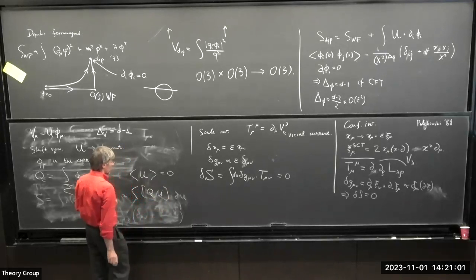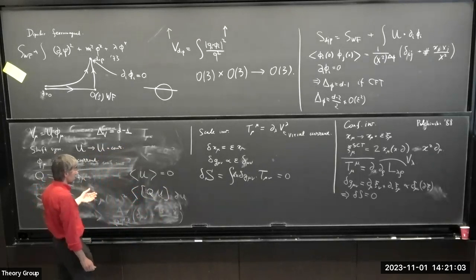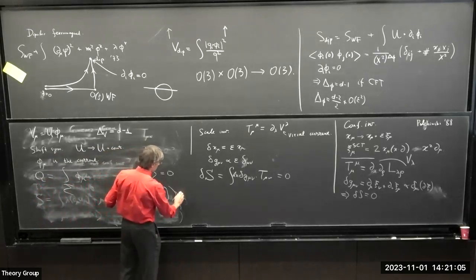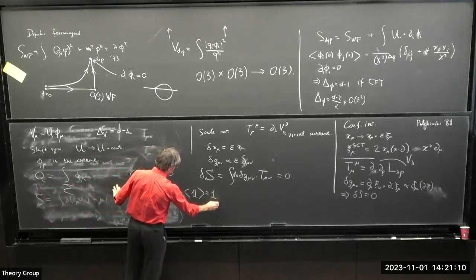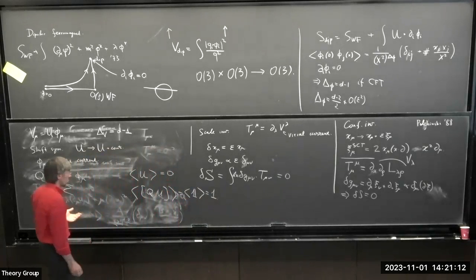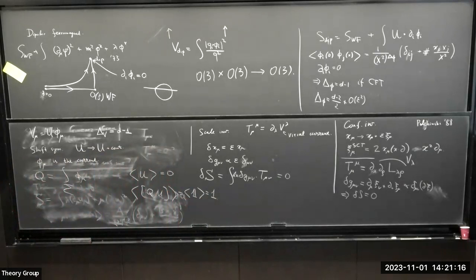When you act on u with the shift charge, you get the unit operator, which is of course not zero. So this shift symmetry is necessarily spontaneously broken, but there is no associated Goldstone boson. And this is only possible because our theory is non-unitary.